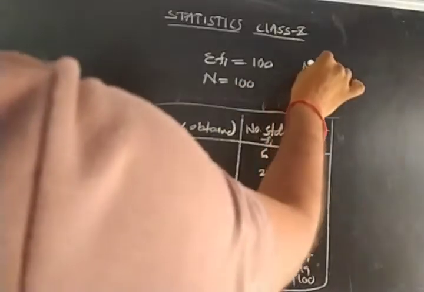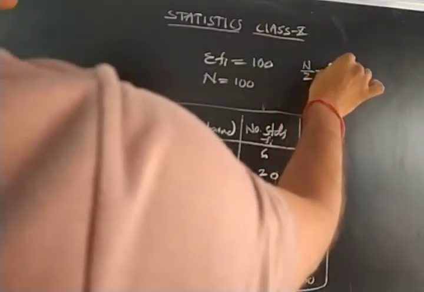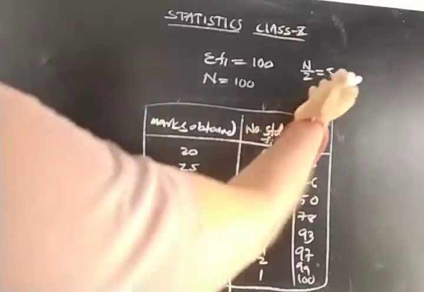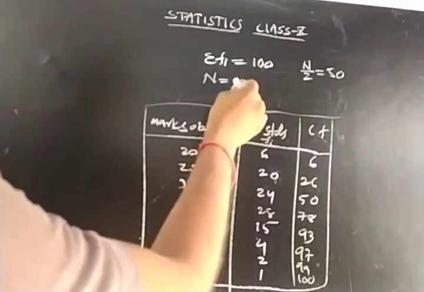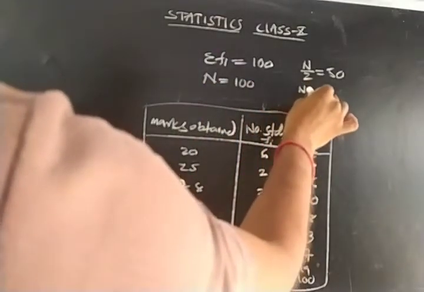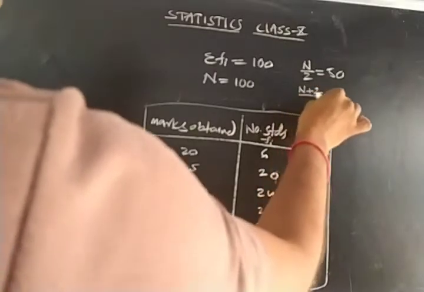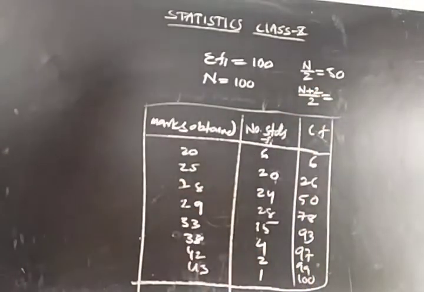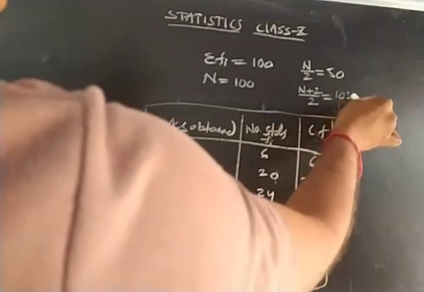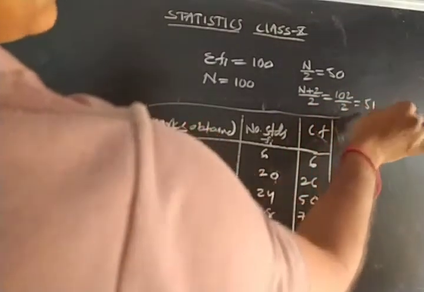After that you have to divide N by 2, so N by 2 is 50. So N is 100, and we need the n by 2th term and the (n plus 2) by 2th term, which is 102 by 2, that is the 51st term.